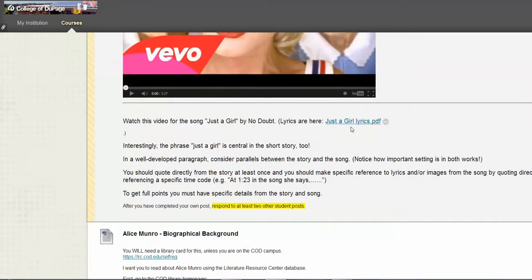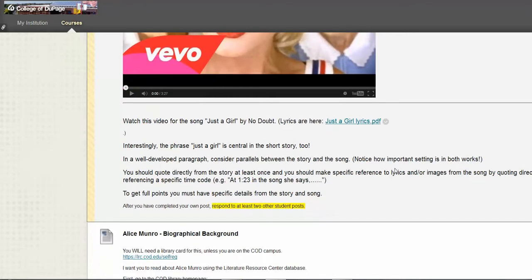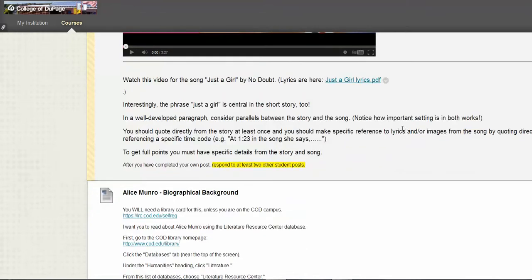I've attached lyrics because you can't always necessarily make out what's being said, and I think you'll see some really surprising coincidences or parallels between the video, both in terms of lyrics, but also in terms of the visual representation of what's going on, and of course what's happening in the story. And so that's really what the discussion board is about, having us think about those interesting comparisons.